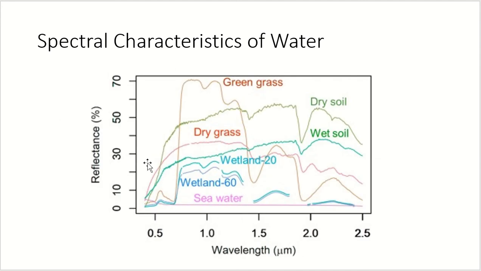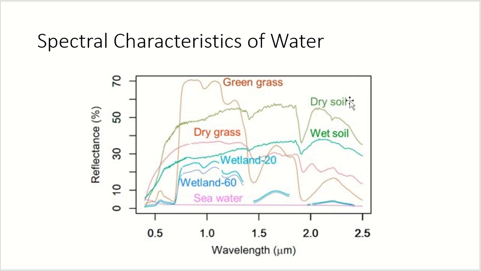So here, this is a spectral space. So vertical axis reflectance up to 70%, wavelength is horizontal axis, and all these signatures are different surface areas.